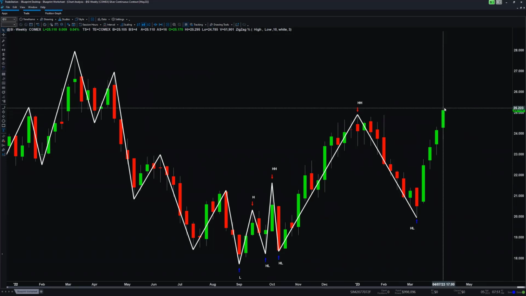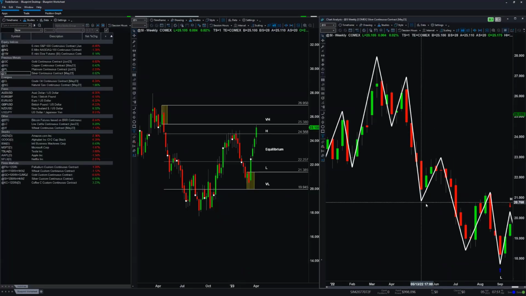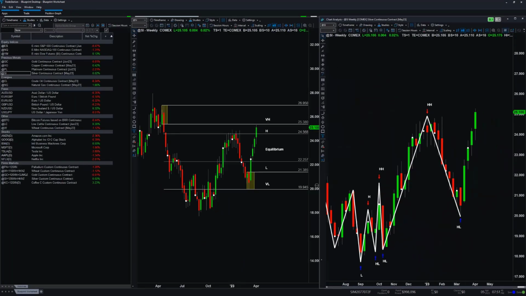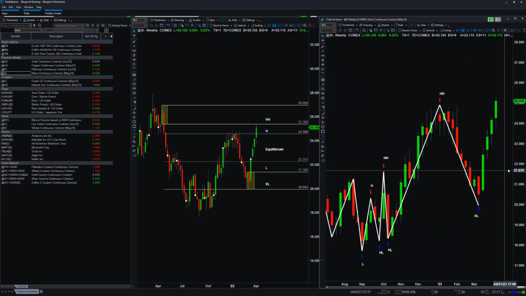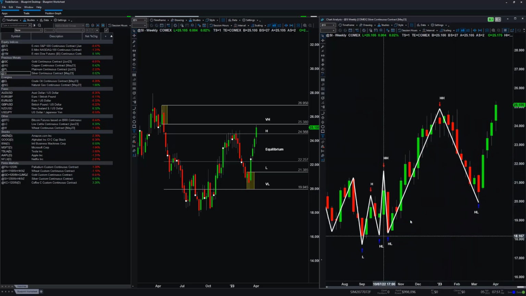So already my default setting, in terms of the technical analysis, is that I generally do not want to trade against the trend. Even though I'm very high, I'm in supply, I generally don't want to trade against the trend. It's an uptrend.